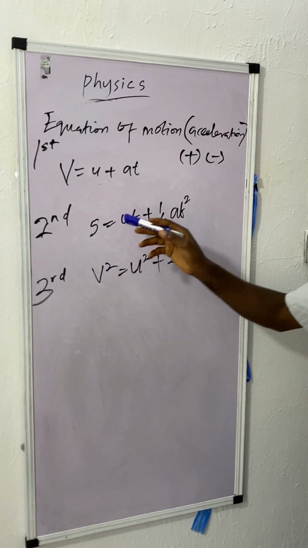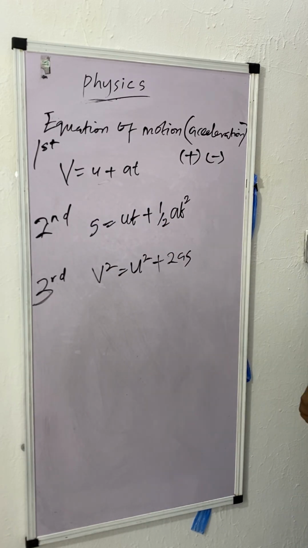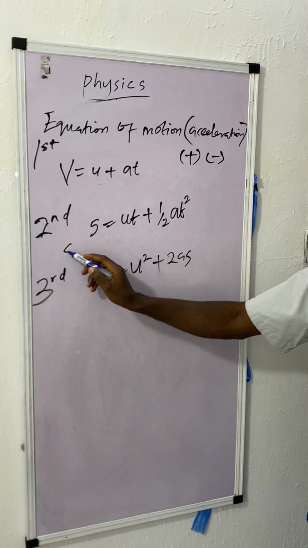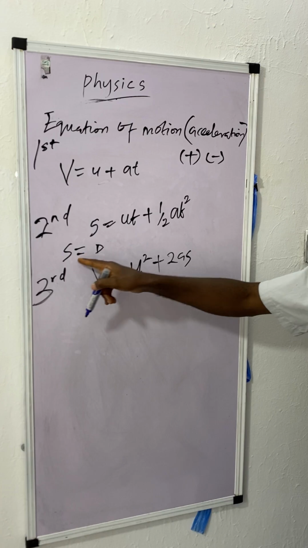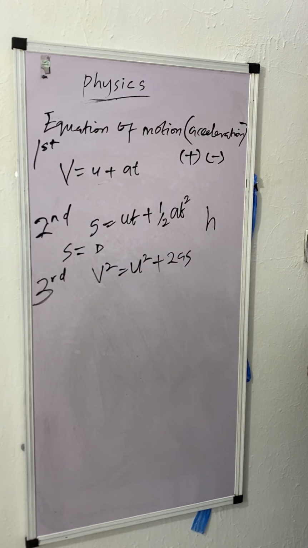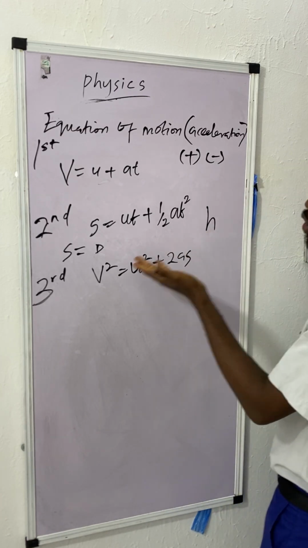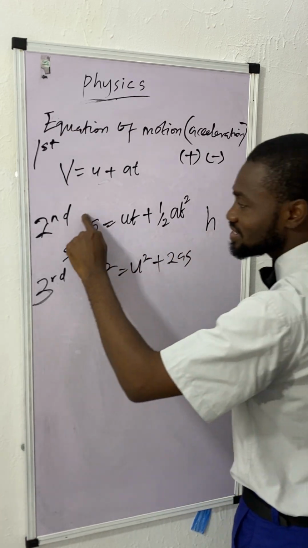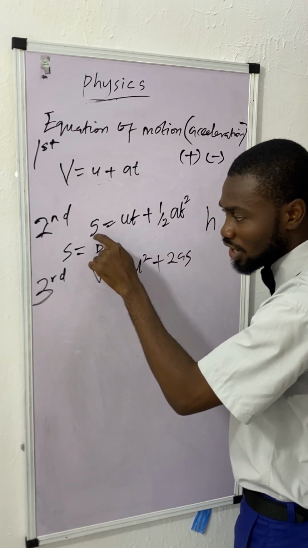For example, you were asked to find distance. This S stands for distance. Remember that this S also signifies height. So in a question where they gave you distance as height, you can use this second equation of motion to solve.